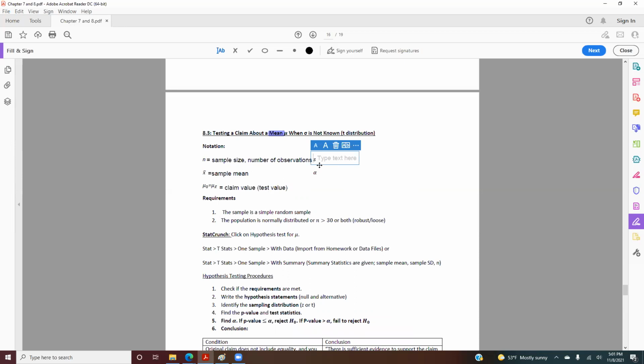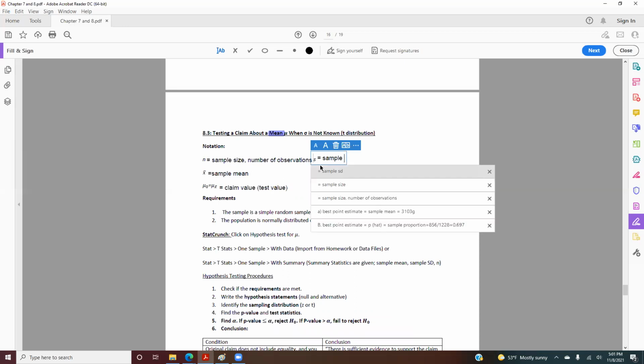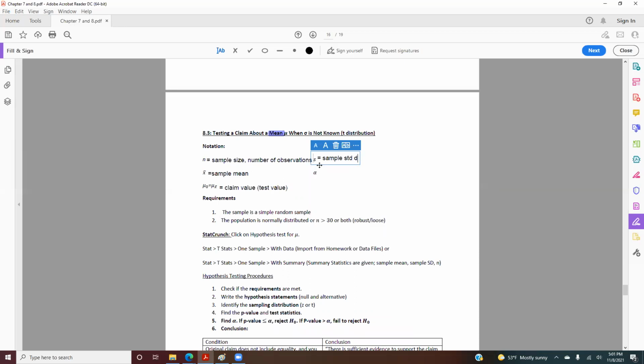The letter s in this case is called the sample standard deviation. Alpha in this case is called the level of significance. Alpha is always given in the questions, so put a note for yourself that it is given in the question.